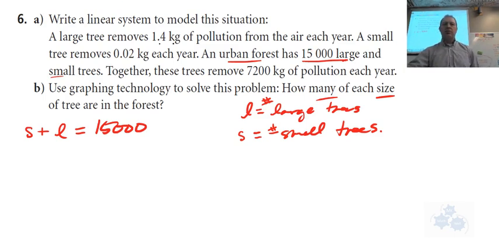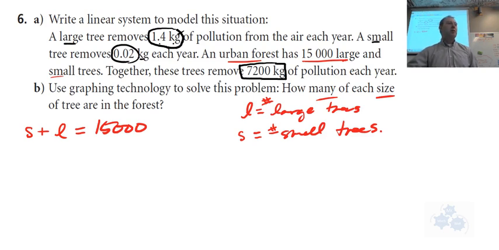So the next part is a little bit trickier, but we have basically a kind of a rate for each tree. This is 1.4 kilograms for every large tree, and this is 0.02 kilograms for every small tree, and the total equals this many kilograms for all of them.